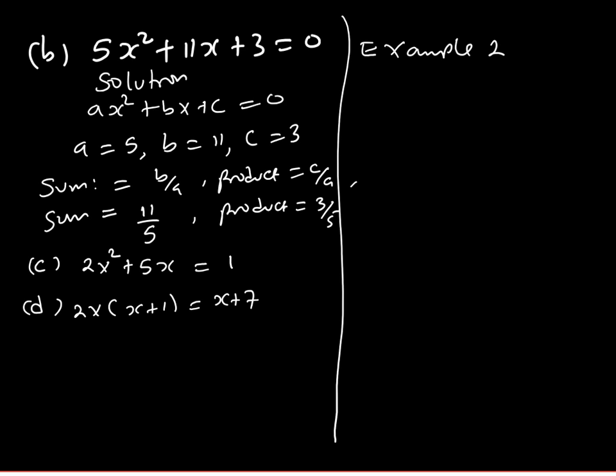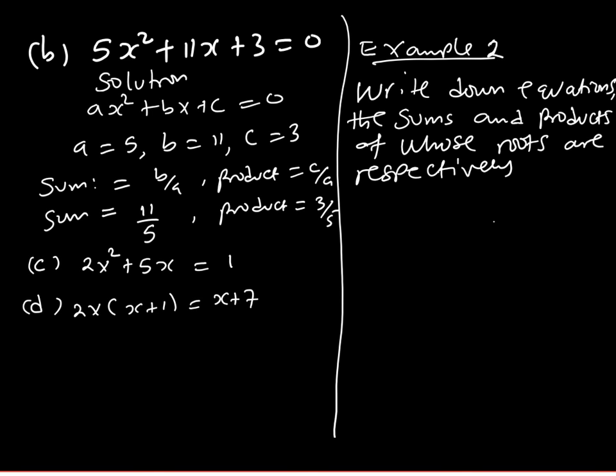Example 2. What is it? In our second example, they want us to write down equations, the sums and the products of whose roots are given respectively. They want us to write down an equation whose sum is 7 and the product is 12.